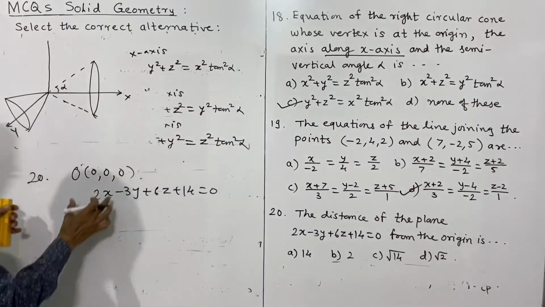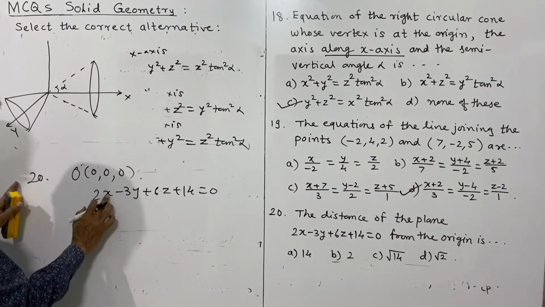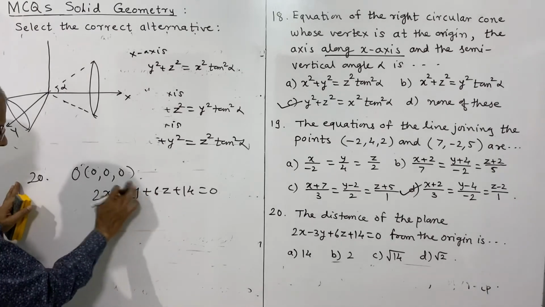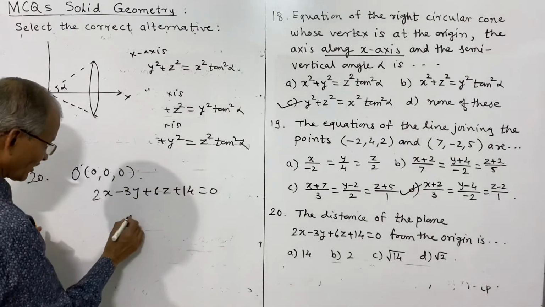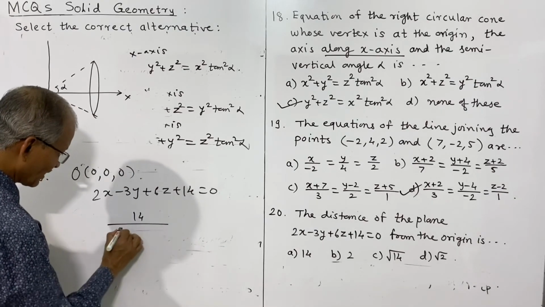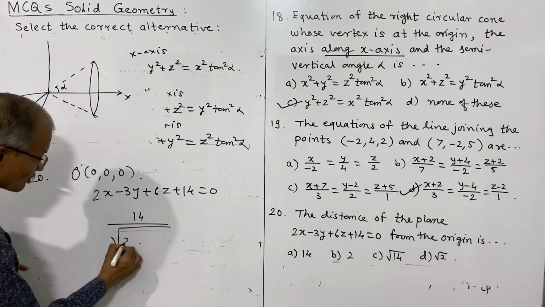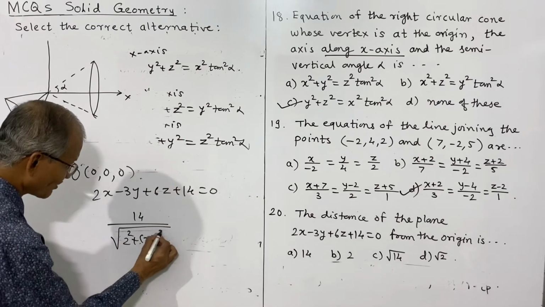We put the coordinates as the x, y and z values, so it is 0, 0, 0, and what remains is 14 divided by the square root of 2 square plus minus 3 square plus 6 square, the sum of squares of the coefficients of x, y, z.